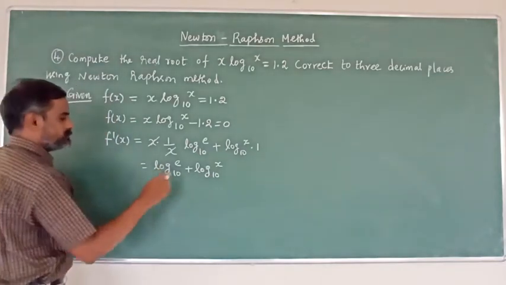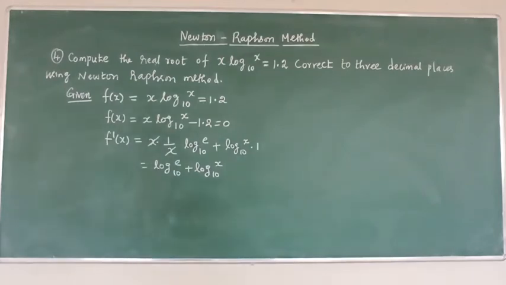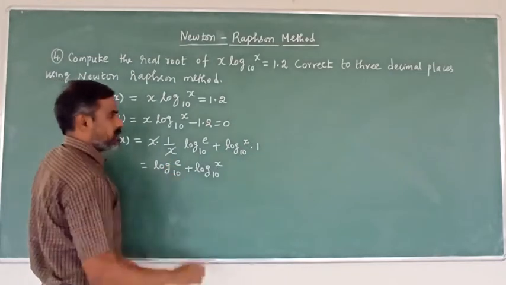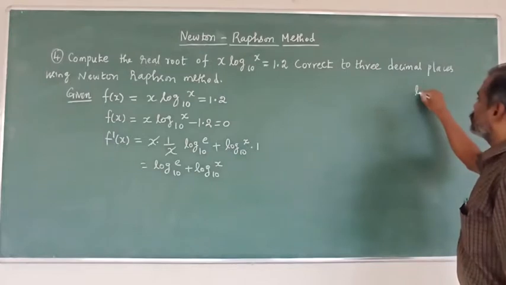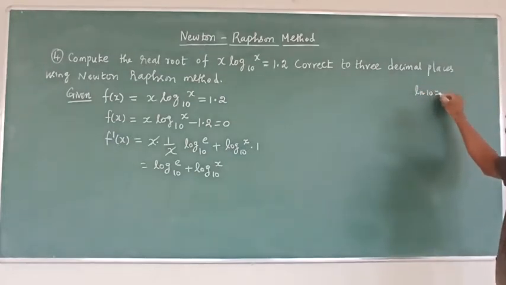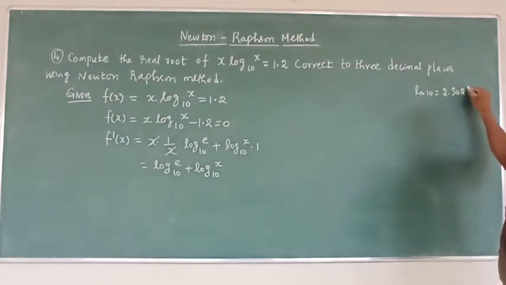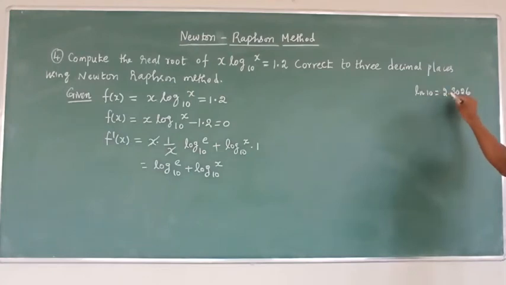Now to find log₁₀ e value in the calculator, press ln, we can get the result 2.3026, that is ln of 10 equal to 2.3026.